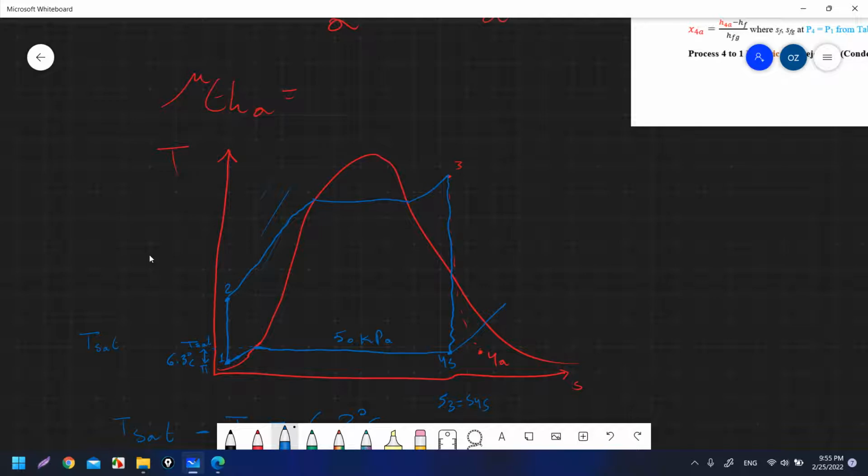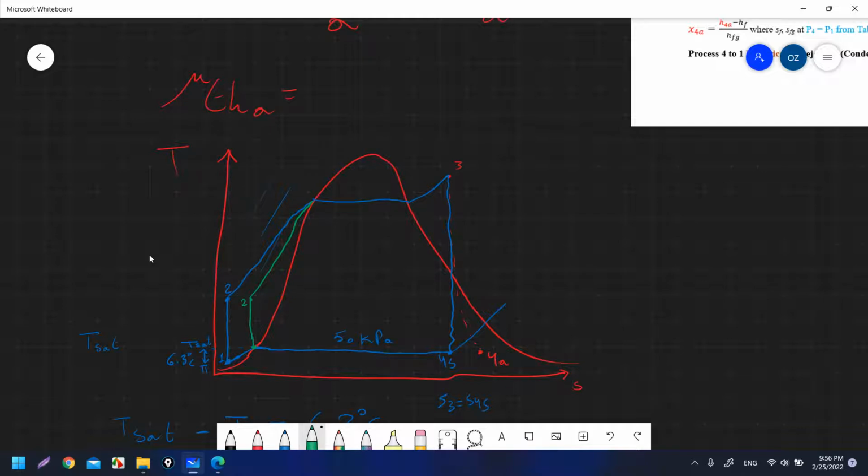As you can see, subcooling is one of the things that will increase the thermal efficiency. It is not mentioned in the slides, but it increases thermal efficiency because you will increase the area. If it was at state 1 here, at the saturated liquid, you will go directly to state 2 like this, and then up to this point.